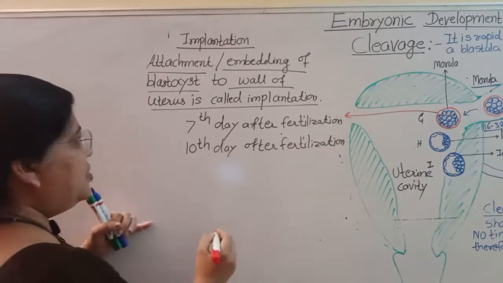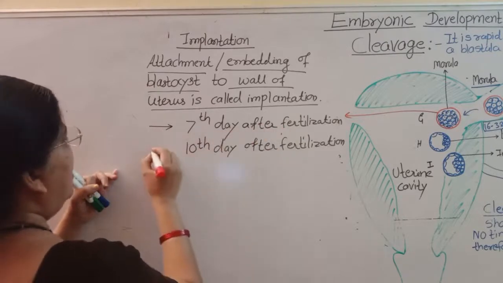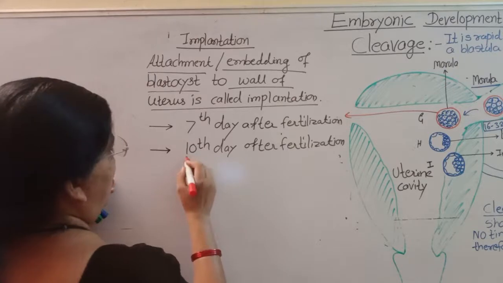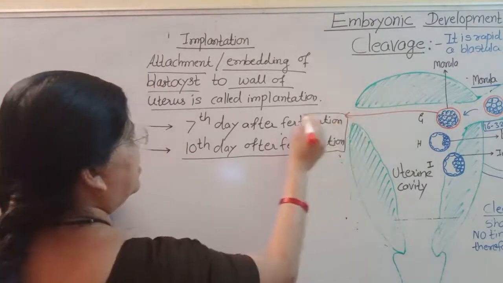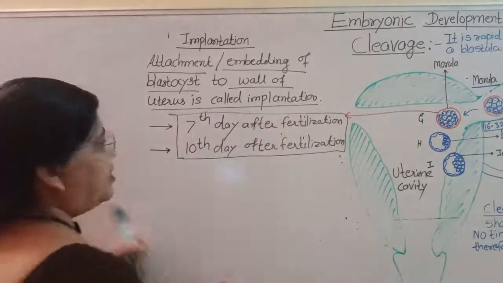So implantation starts on the 7th day after fertilization and implantation of the embryo is complete at around the 10th day after fertilization. So this is the time period of implantation.